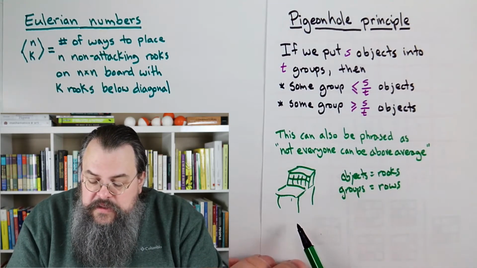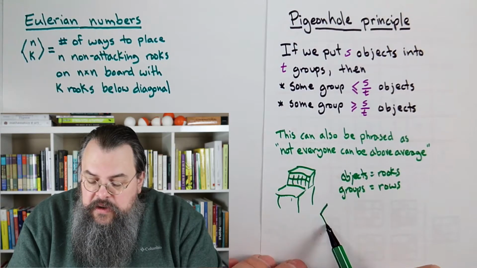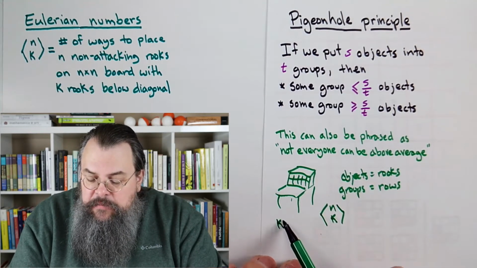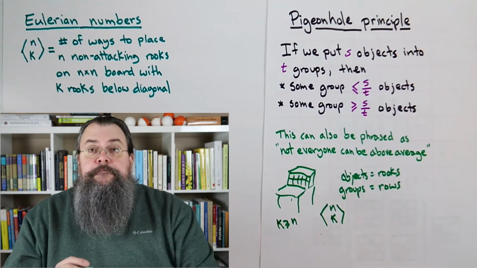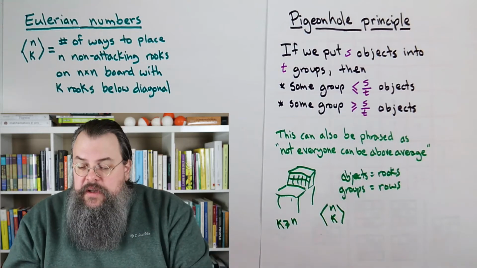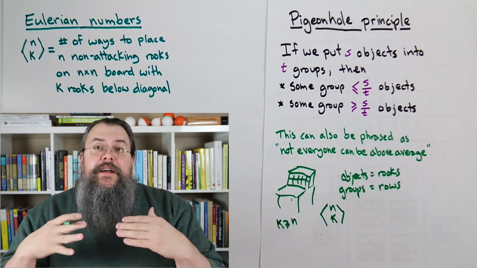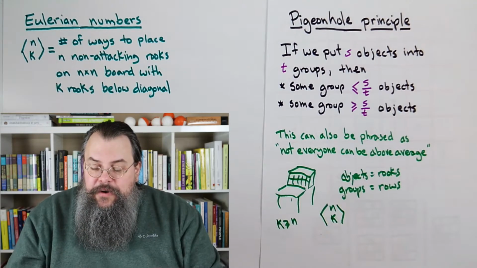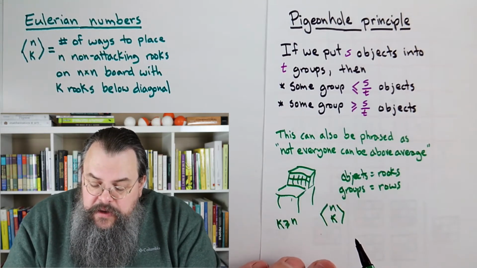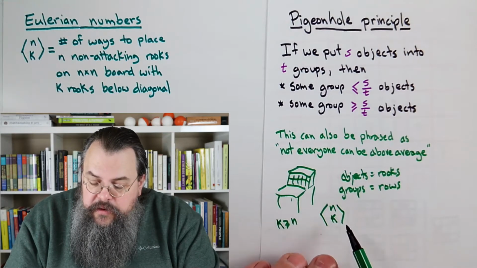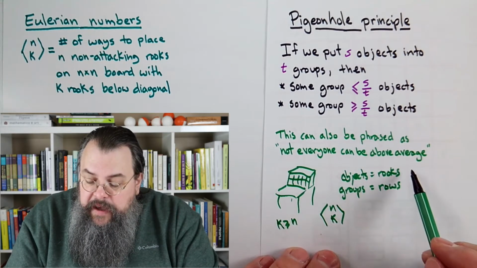Let's suppose we look at nk, and let's have k be greater than or equal to n. In other words, we're looking at our table, and we're looking at the spots where k is very large compared to n. Now, what happens? Notice what our objects are. They are rooks. We have k of these.